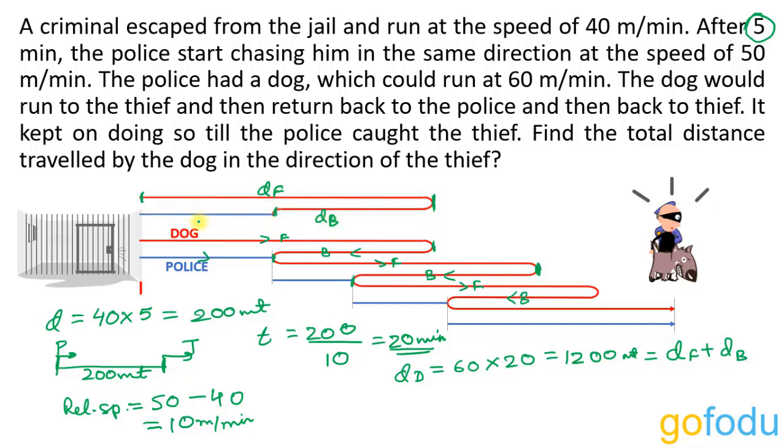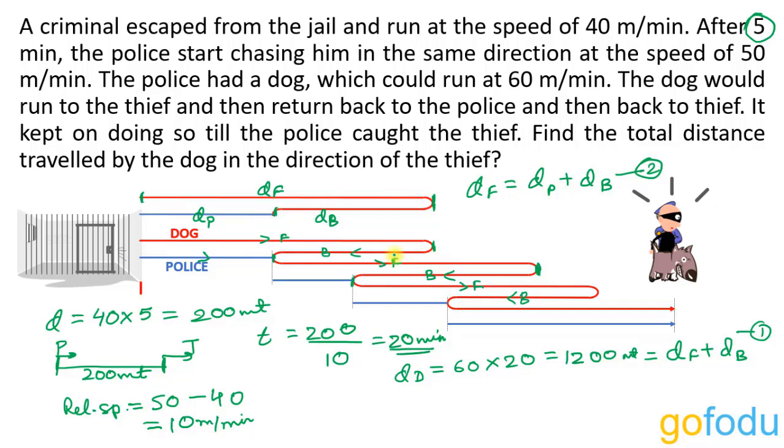And this line represents the distance travelled by the policeman. So we can say that distance forward is equal to the distance travelled by the policeman plus distance backward. We can see this from here. This here is equation 1. This we have is equation 2.